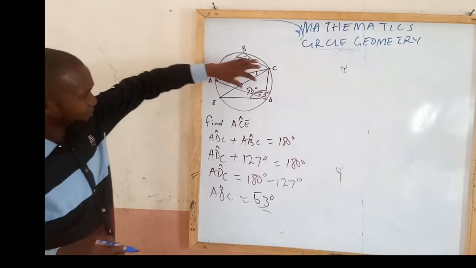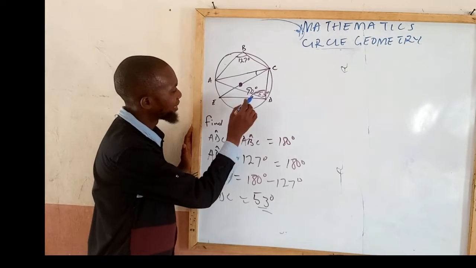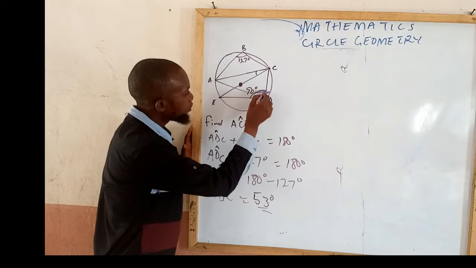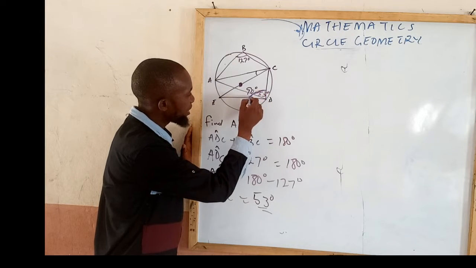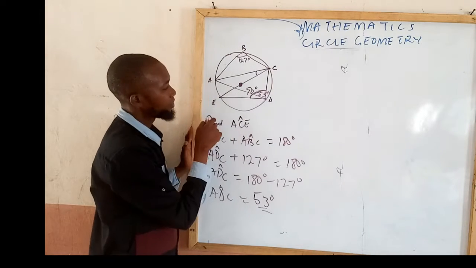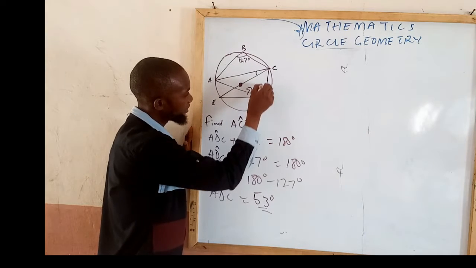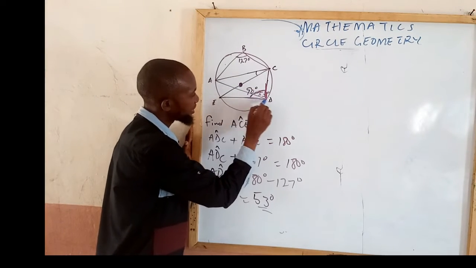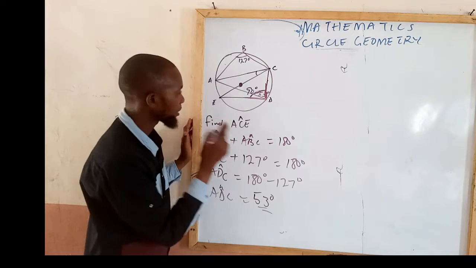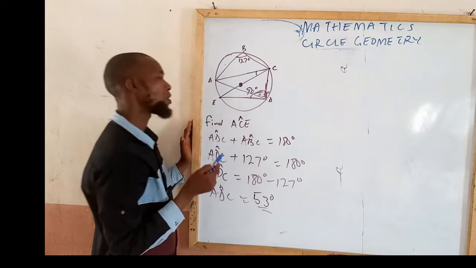When we observe this diagram very well, we can see that the whole angle EDC, this entire angle here, is subdivided into two. It comprises this angle as well as this angle here.